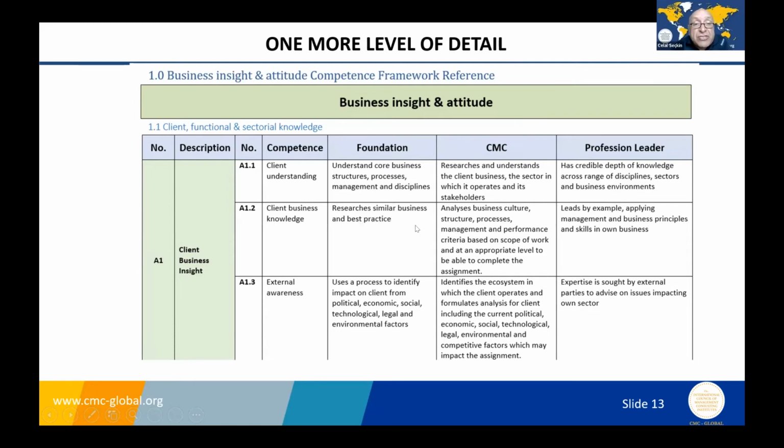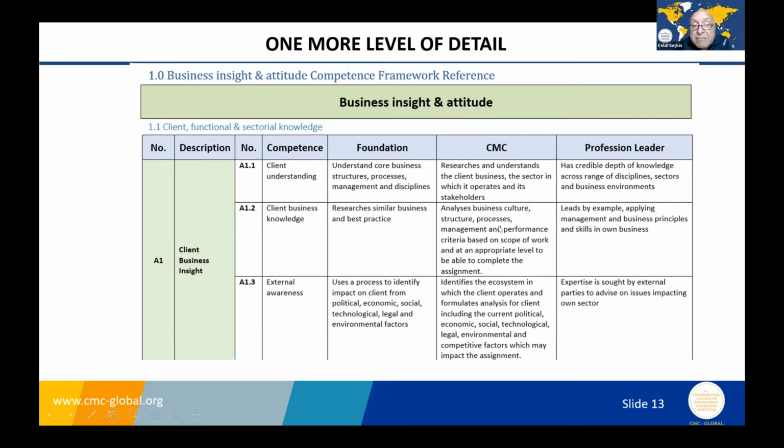One is the foundation level, the second one is CMC level, and the third one is profession leader. And these are good practices described in these cells, in these boxes, for those expectations in relevant columns. But the competence here, for example, client understanding is the key, client business knowledge is the key, and external awareness is the key. The rest are explanations.